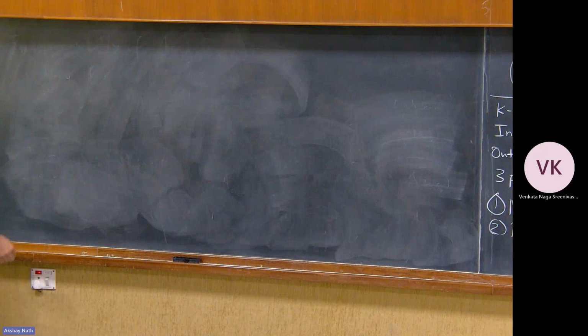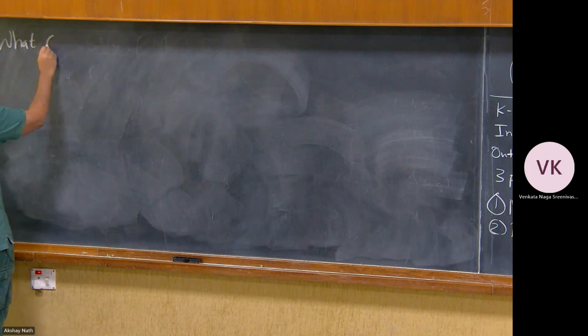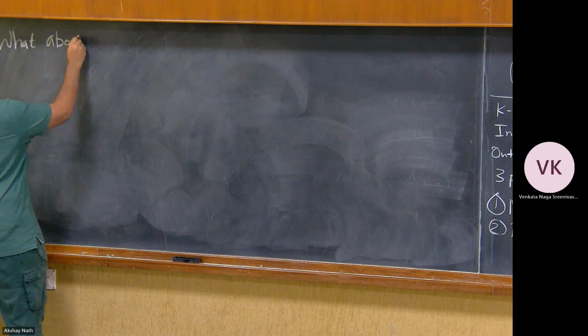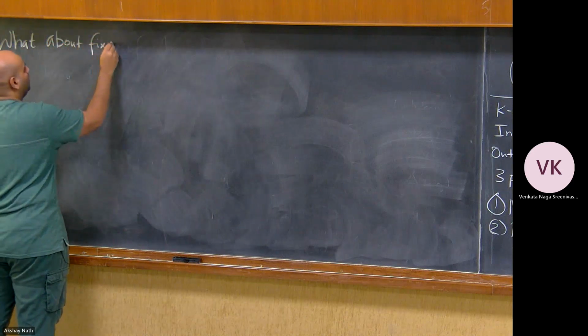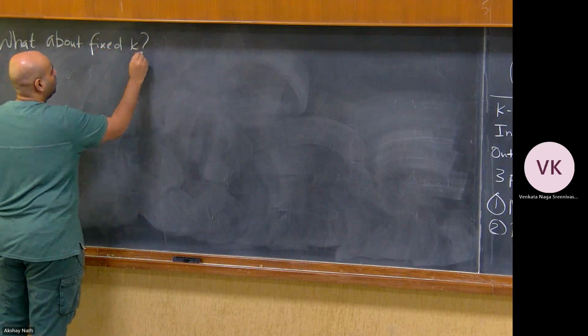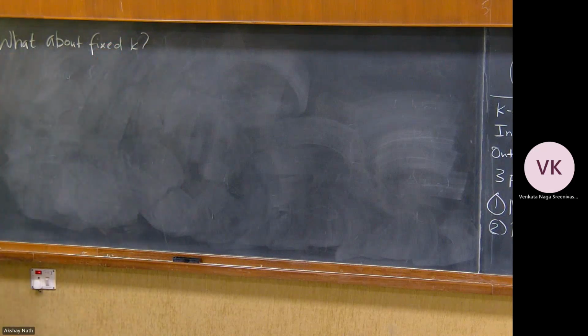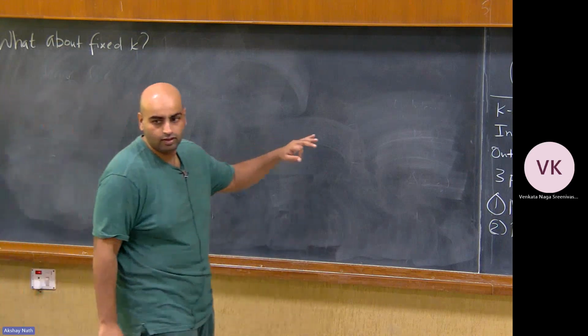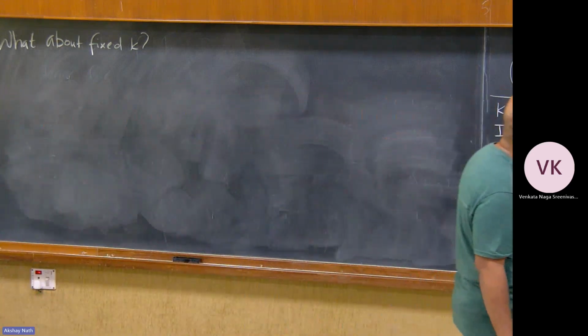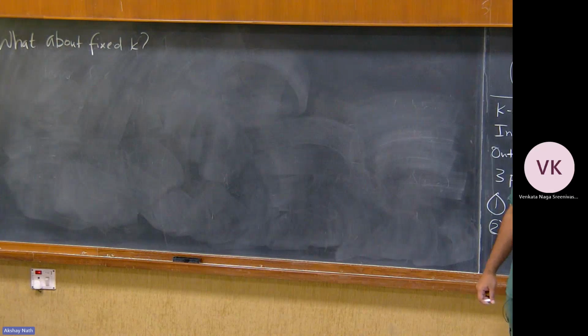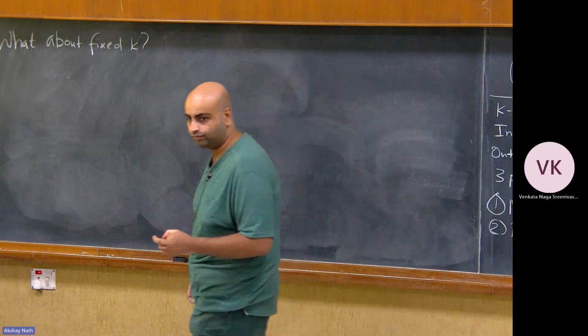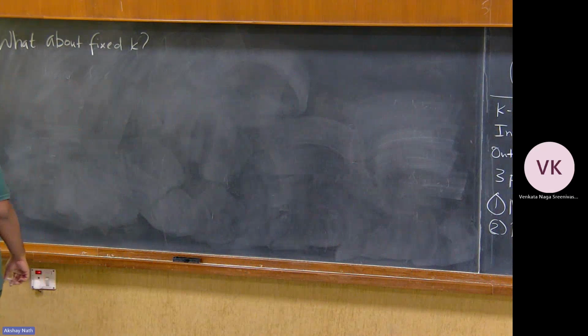So one of the main things we are looking at is what about fixed k. And now necessarily the dimension has to be high, because if the dimension is fixed and k is fixed, the problem is in P. So what about fixed k when the dimension is high?